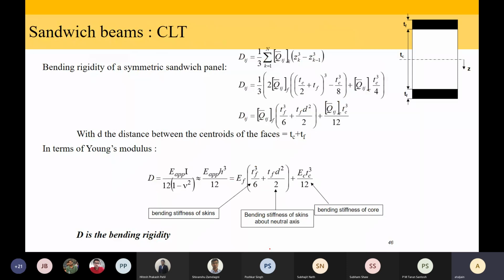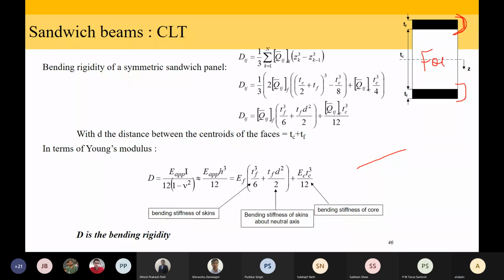The next topic that I want to discuss is how we can use classical lamination theory for sandwich beams. A sandwich beam or a sandwich material looks like this, where you have stiff carbon fiber at the top and bottom, and in the middle you have foam.